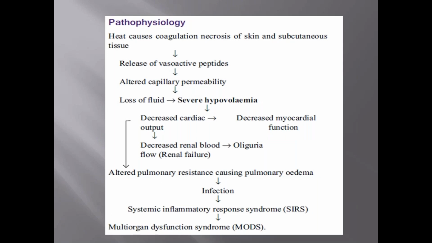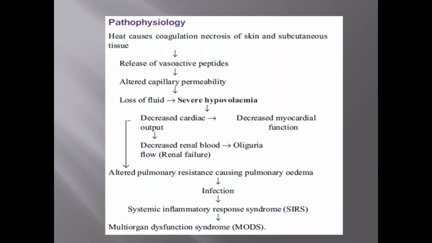So if you cannot remember the previous slides, you have to just remember this pathophysiology. Heat causes coagulation necrosis of the skin and subcutaneous tissue. This releases the vasopeptides, which causes alteration of capillary permeability. Due to this loss of fluid from intravascular compartment, this leads to severe hypovolemia, which leads to decreased cardiac output and decreased myocardial function.